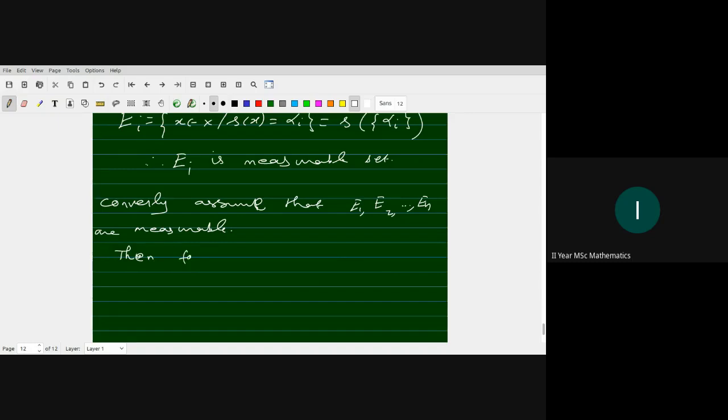For that, let V be an open set in R. Then what about the inverse image S inverse of V?